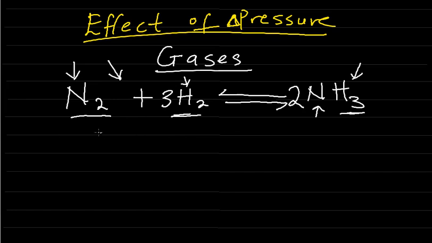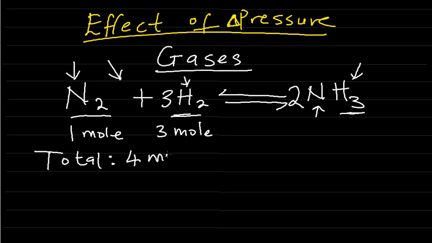So let's look at the total number of moles. Nitrogen here is 1 mole. Hydrogen is 3 moles. So for the reactant side, the total number of moles is 4 moles. Here I'm having 2 moles. For the product, the total number of moles is 2 moles.